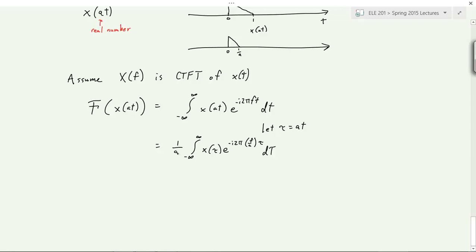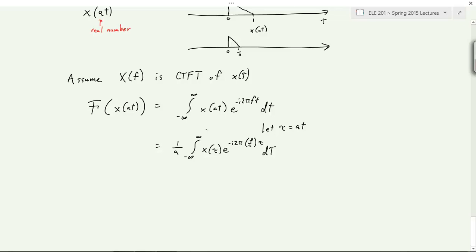Pretty simple. However, there's one thing we have to be careful about. What are the limits of integration now? Well, they still should be infinite. However, if a was negative, they're flipped. So we do have to pay attention to whether a is positive or negative, because if a was negative, it would be from infinity to negative infinity.